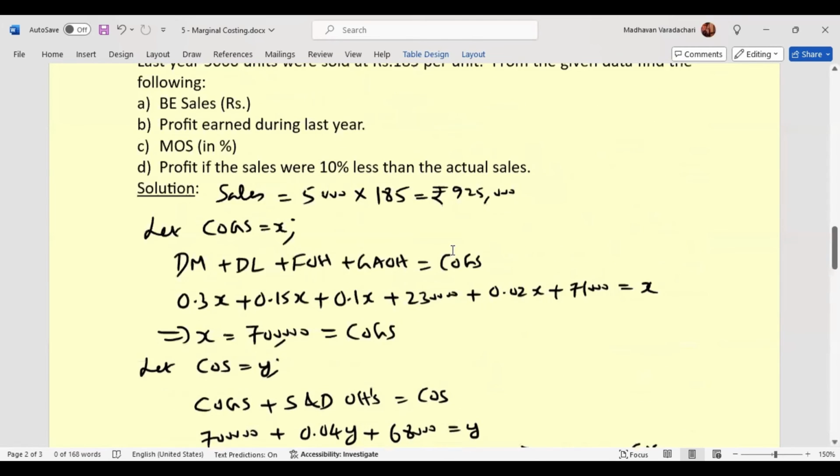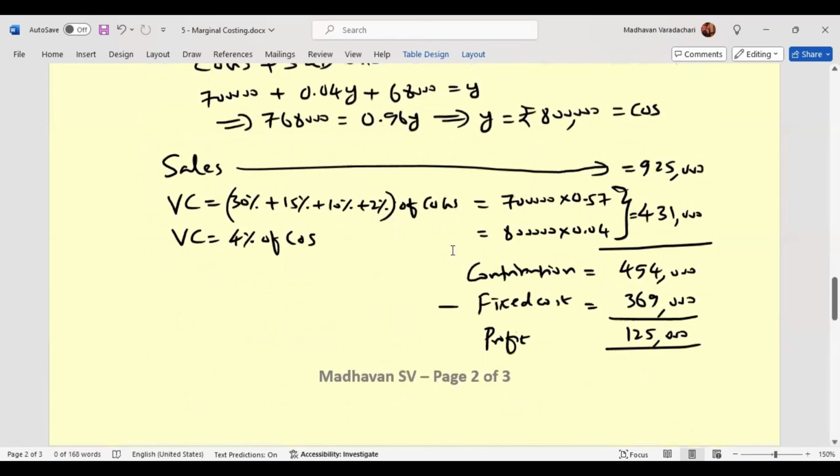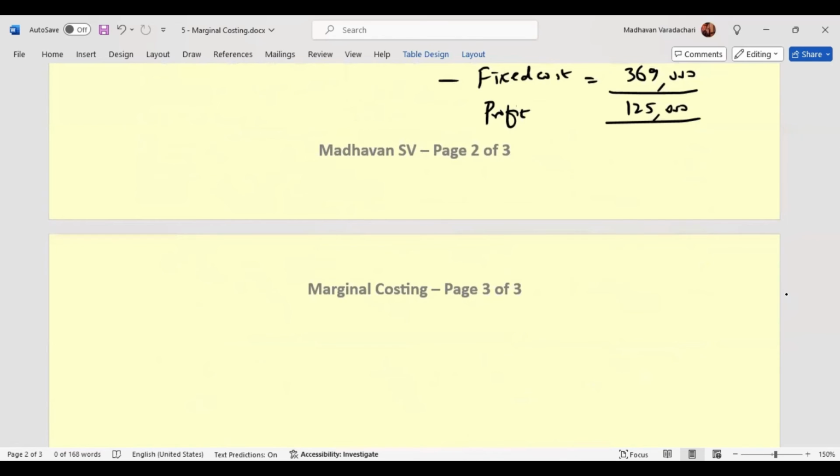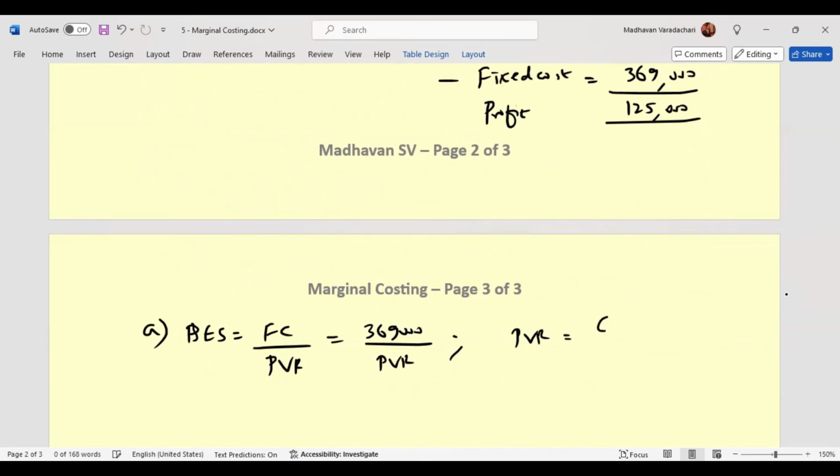Now, what are all the questions? Well, first one is break-even sales. Break-even sales is fixed cost divided by PV ratio. That will be 369,000 divided by PV ratio. First, let us calculate PV ratio. PV ratio will be contribution by sales.